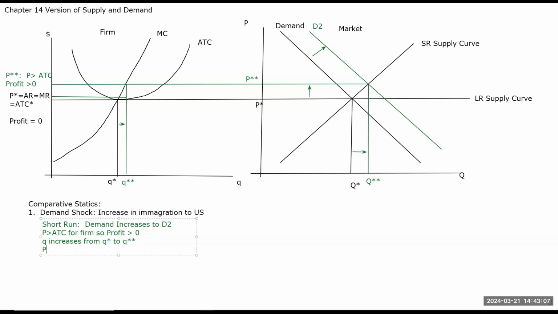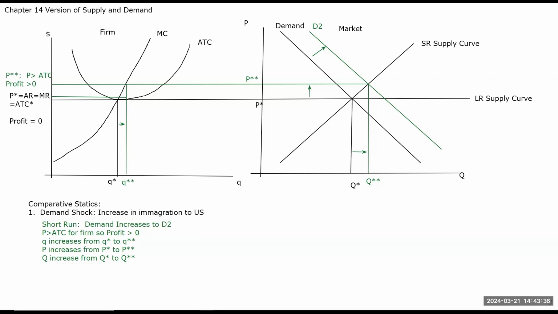Price increases from P single star to P double star. Okay, so they're making positive economic profit. At the market level, we have price increasing and quantity increases from Q single star to Q double star. Okay, so this is what happens in the short run.